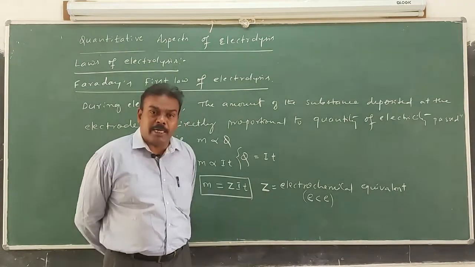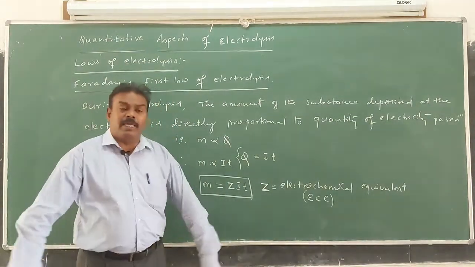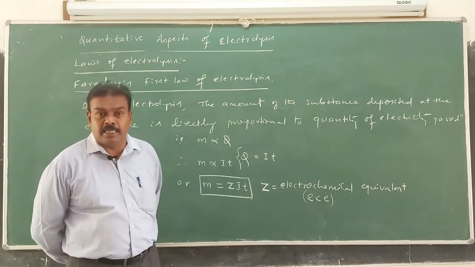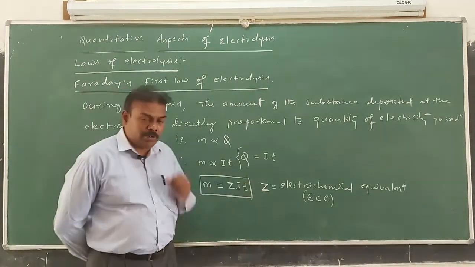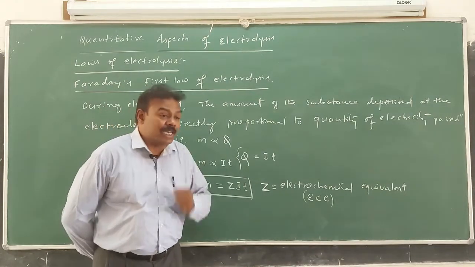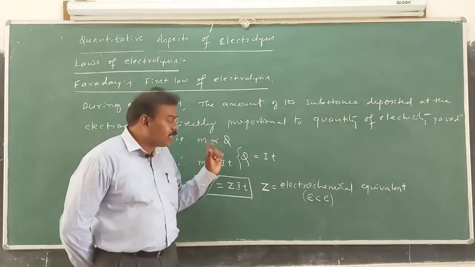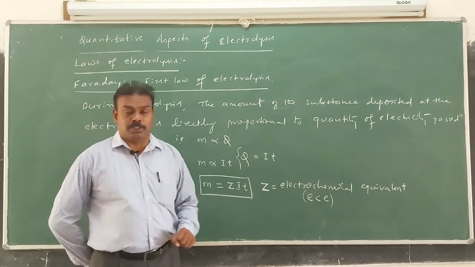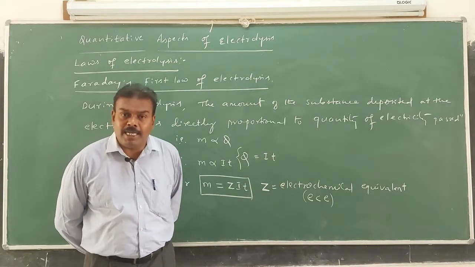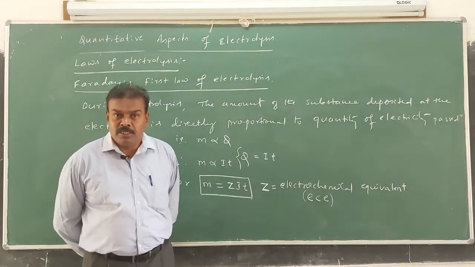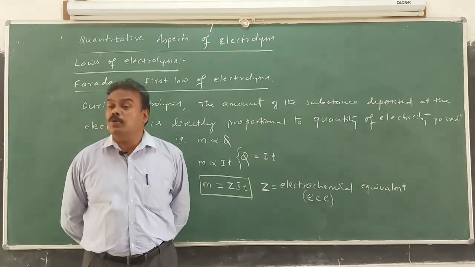The electrochemical equivalent is defined as the amount of substance produced or deposited by passing 1 coulomb of electricity.